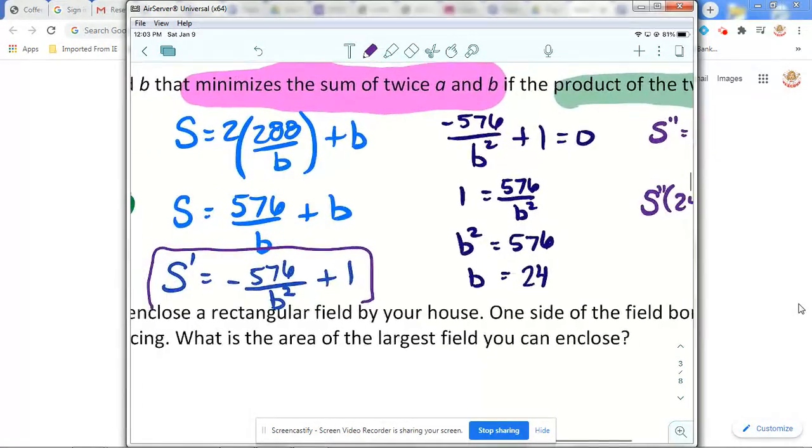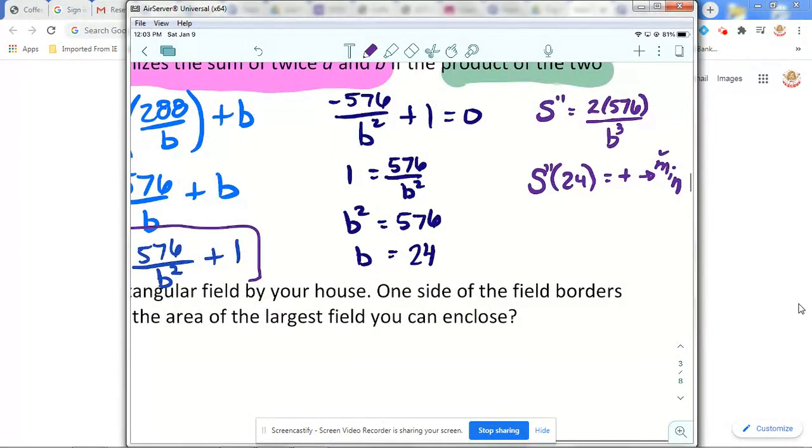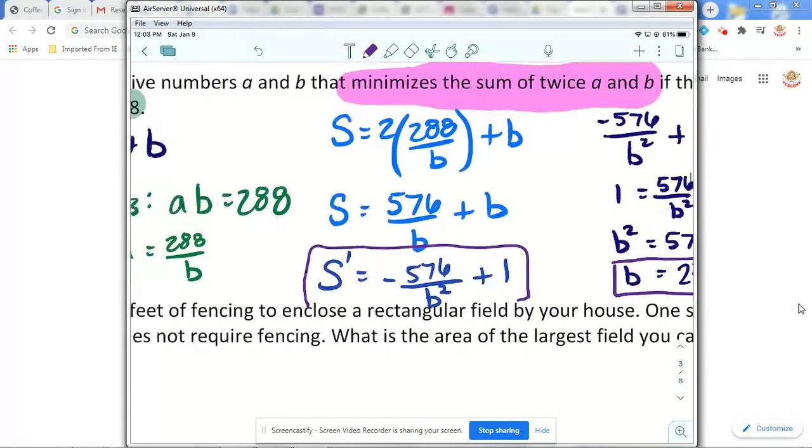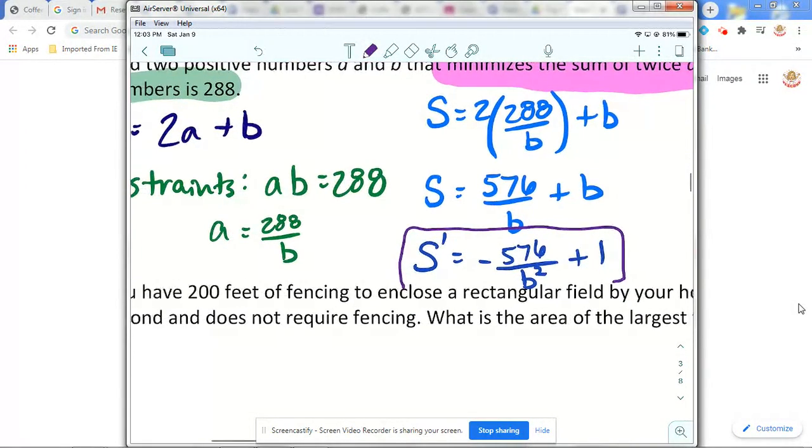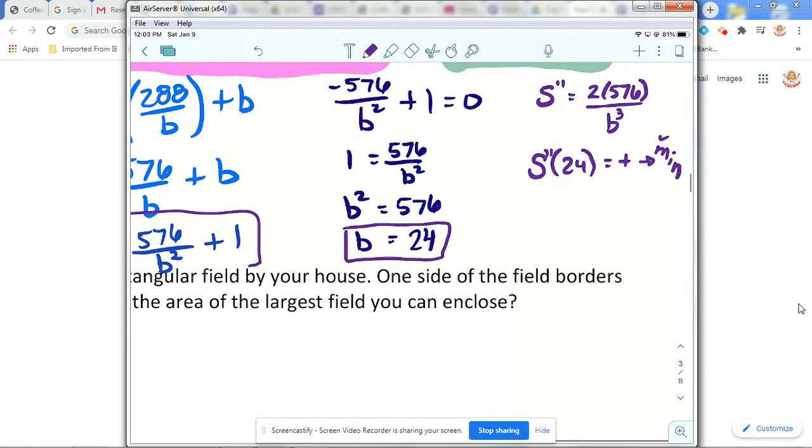And we want to know that, so this is definitely B. So we want to know A. So to find A, I'll just take 288 and divide it by the B value. So A should be 12.